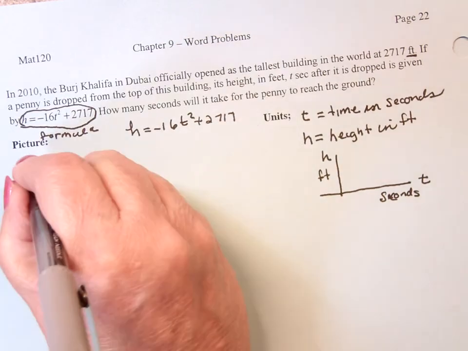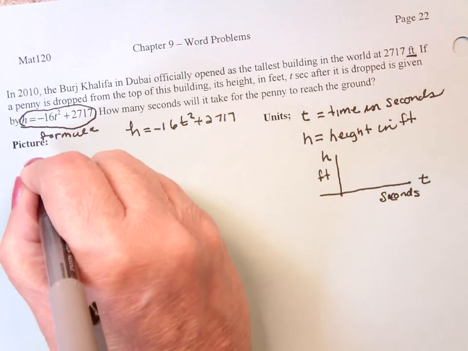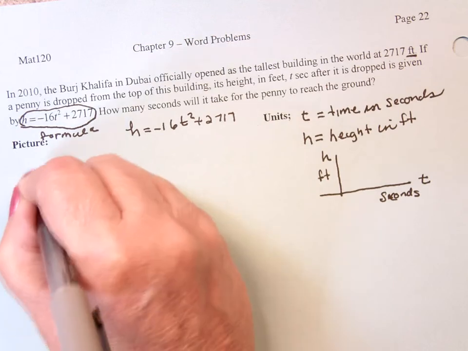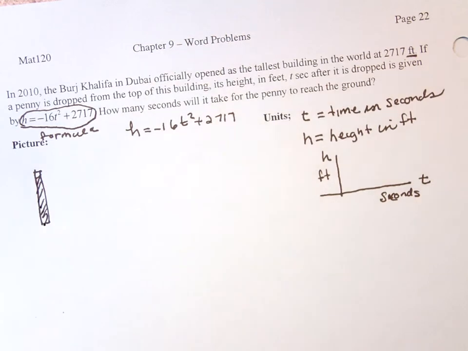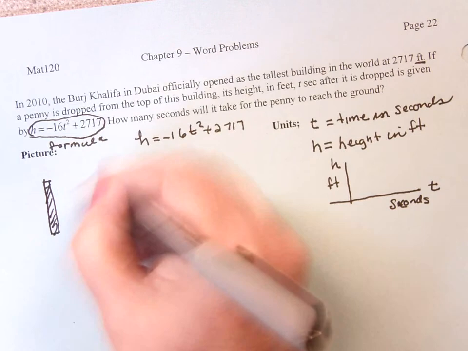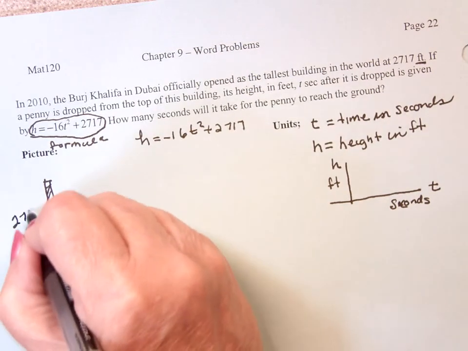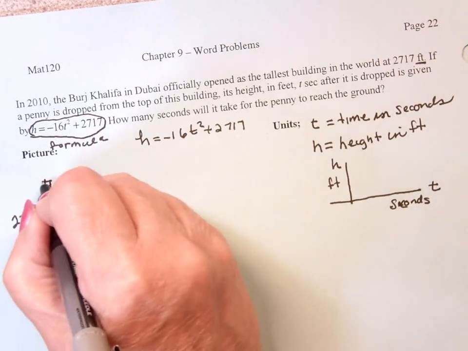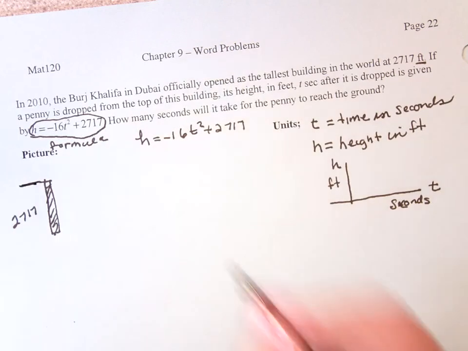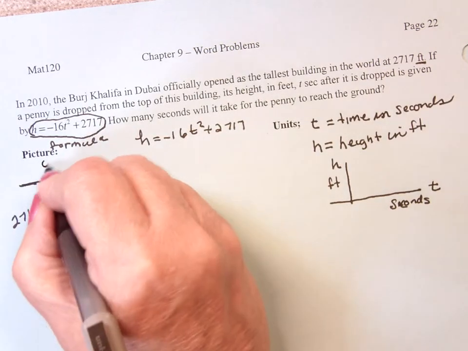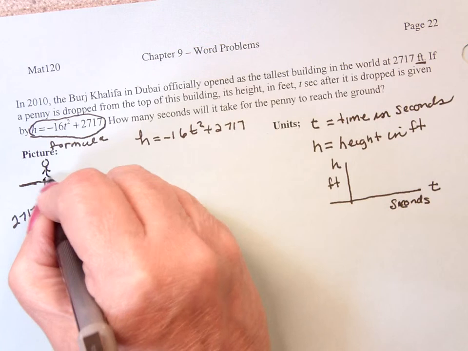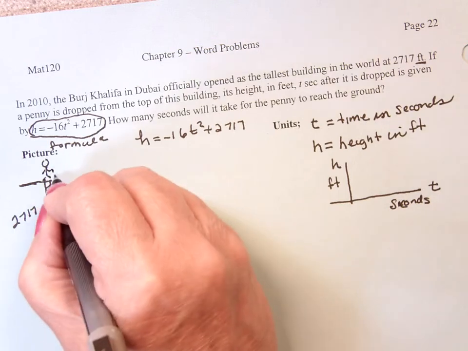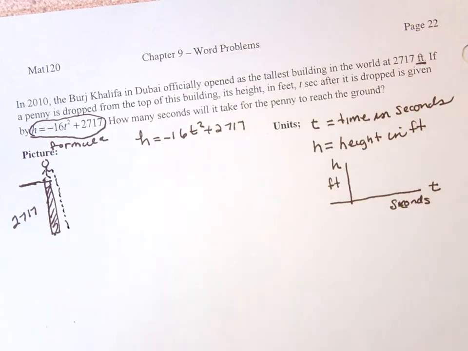So if I were to draw a picture, and I will make our building a little bit more rectangular, this is 2717 feet to this point right here. And then you have this person standing on the top of the building, then dropping a penny to the ground.